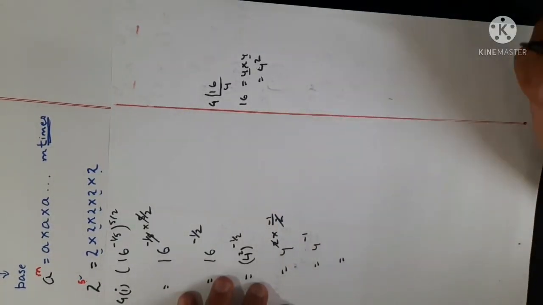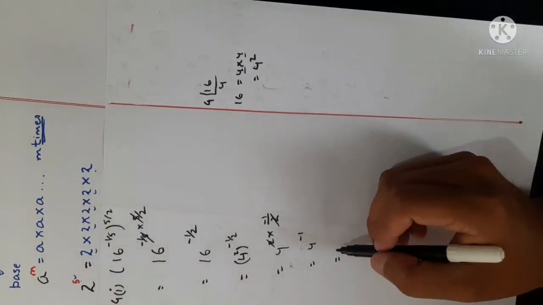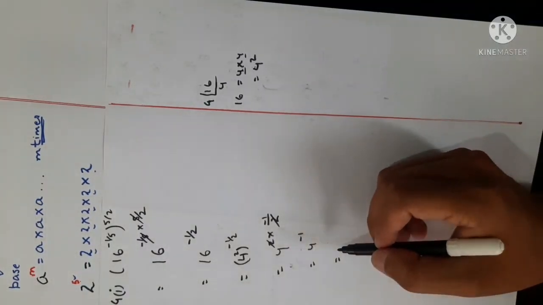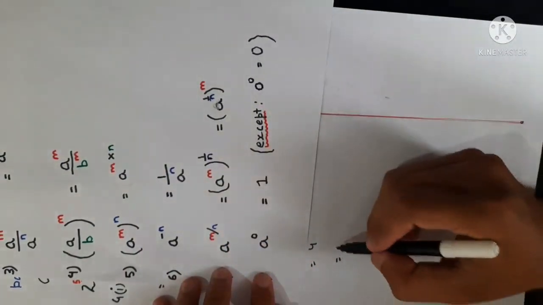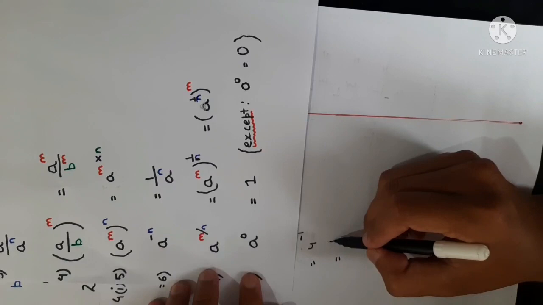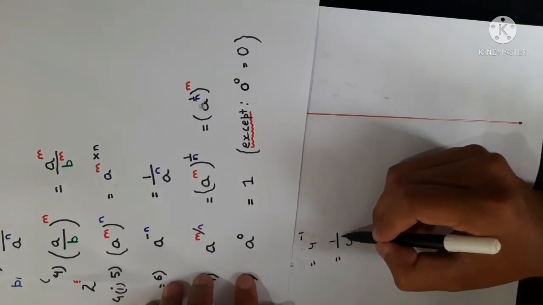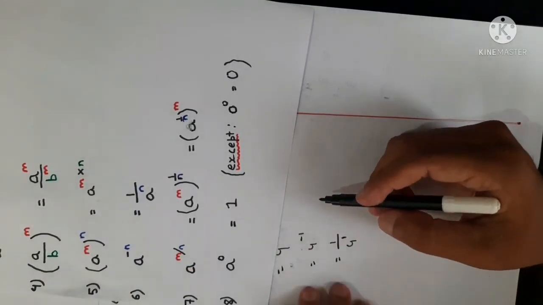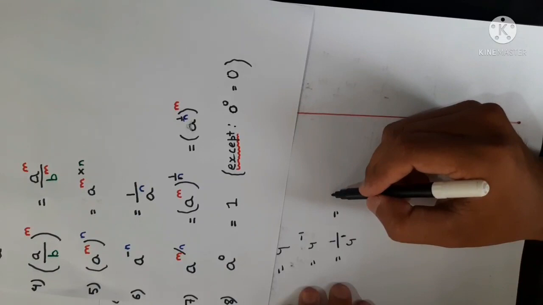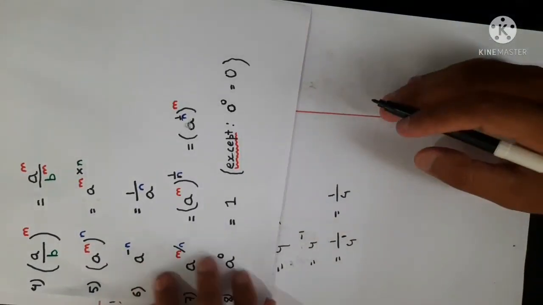And 4 raised to the power minus 1, we use again the laws of indices. a raised to the power minus n equals 1 by a raised to the power positive n. So in case of minus 1, we write plus 1. Now this will be equal to 1 by 4, because 4 to the power 1 equals 4.